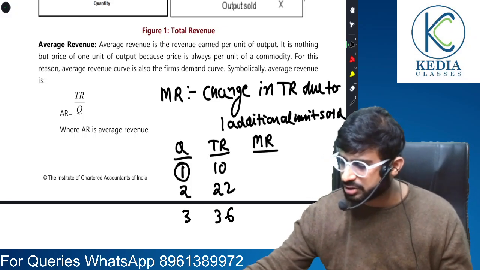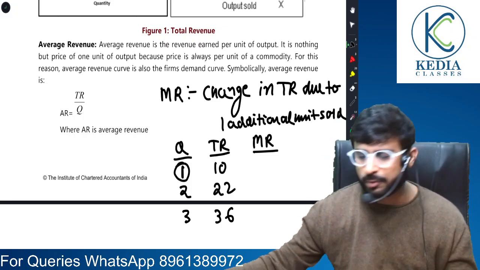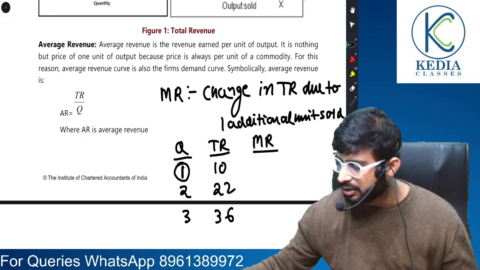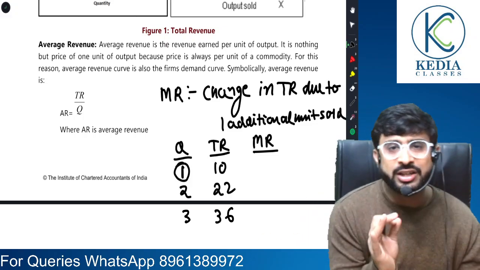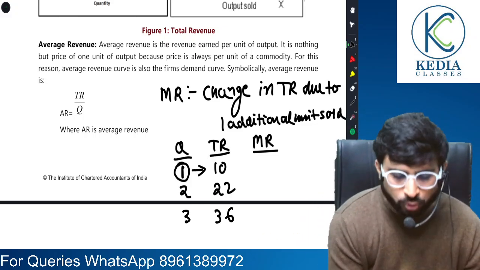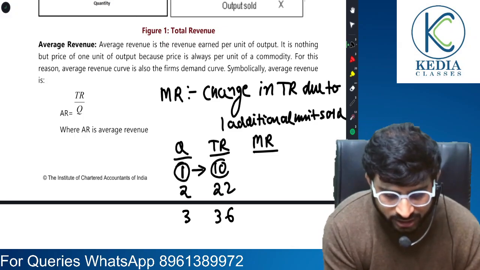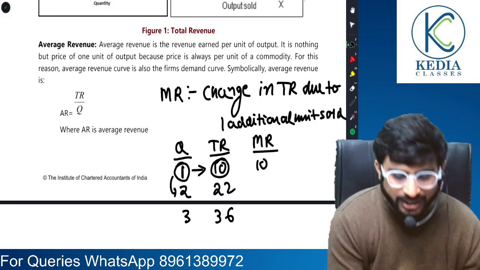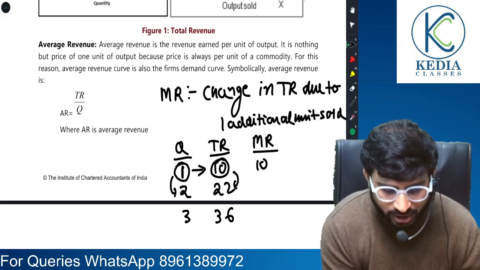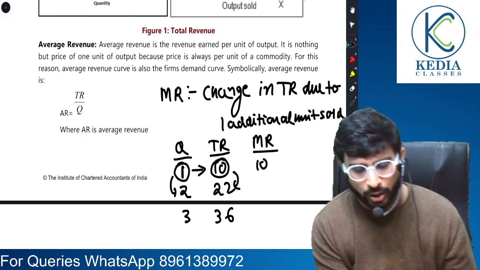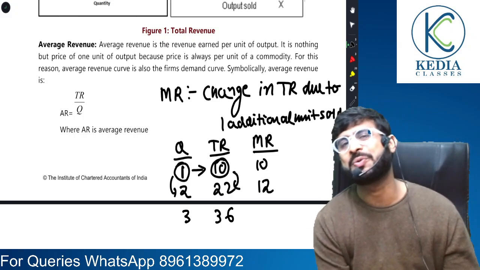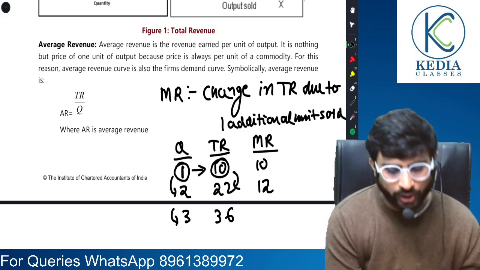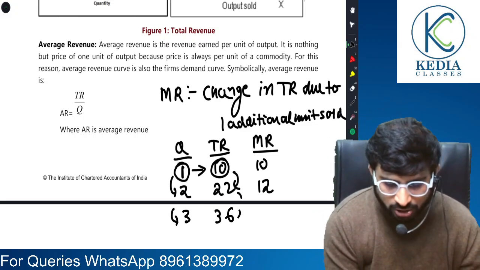In costs there are some changes, so forget about cost. Just remember that here, for the first unit, TR and MR are the same. If you sell one unit, TR is 10, marginal revenue is also 10. But now when you sell an additional unit, the change in total revenue is by 12. Welcome to marginal revenue. When you sell another unit, your total revenue changes by 14.